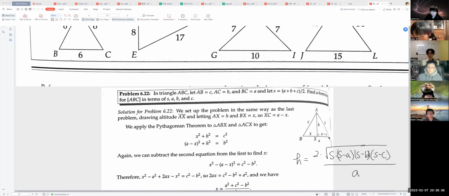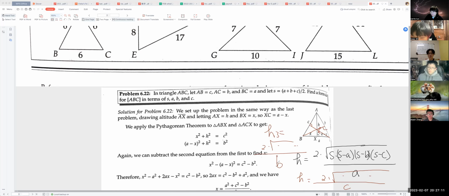If I'm creating a height based on C, so the height of this one will be 2 times square root blah, blah, blah divided by C. If I'm creating a height based on AC, and in order to calculate this height, it's 2 times blah, blah, blah divided by what? B. Thank you, Drew.